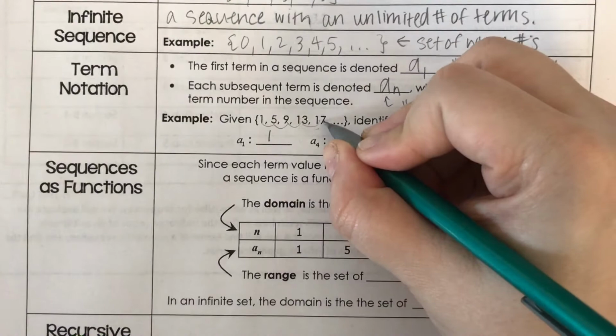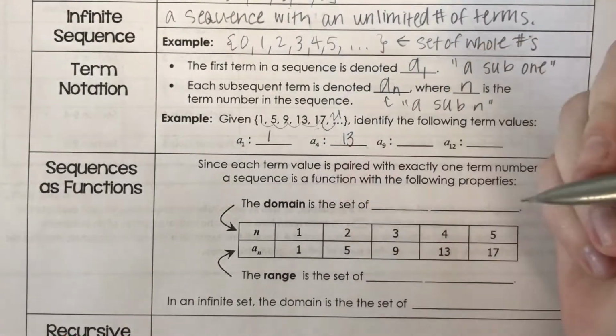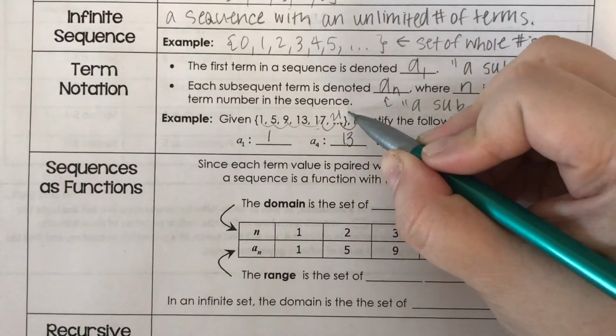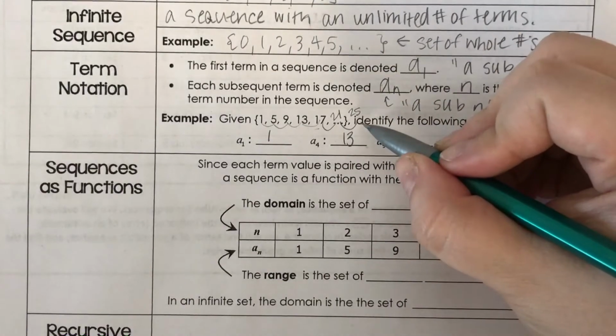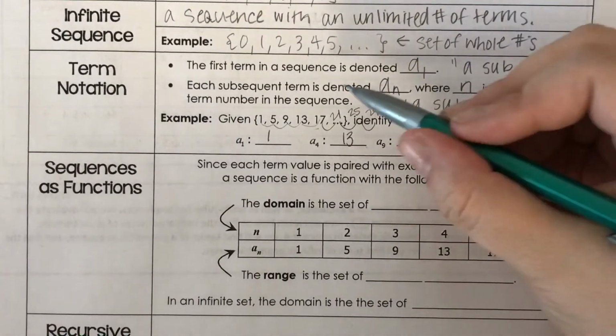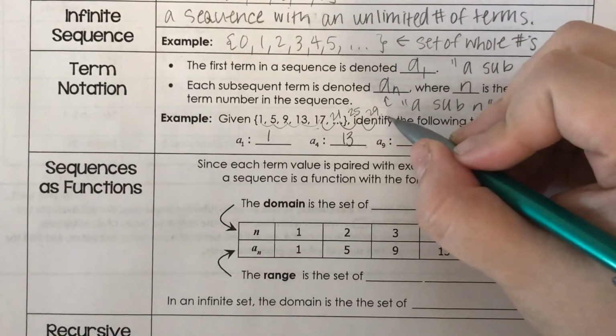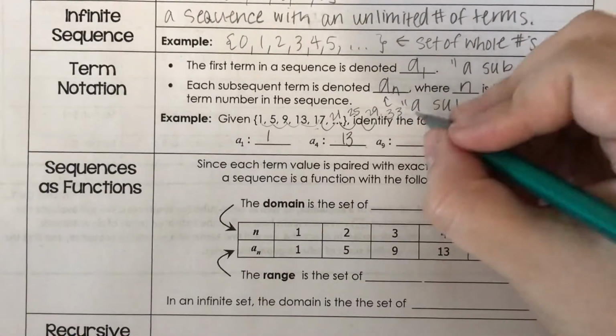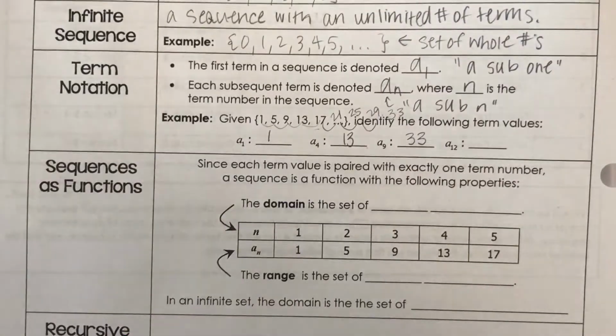If we keep going, 17 plus 4 is 21. That's the sixth term. 25 is the seventh term. 29 is the eighth term. So I'm just adding 4 every single time. So 29 plus 4 is 33. So that's the ninth term.